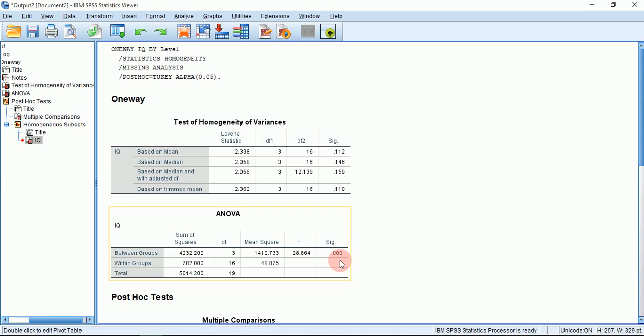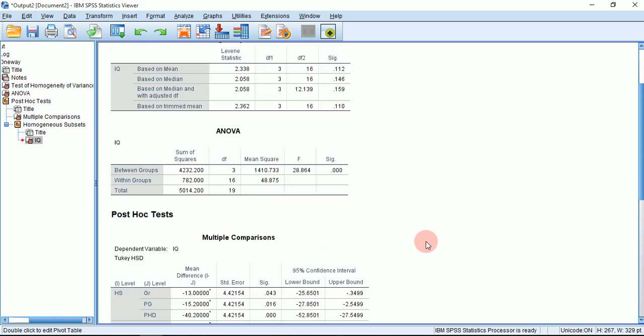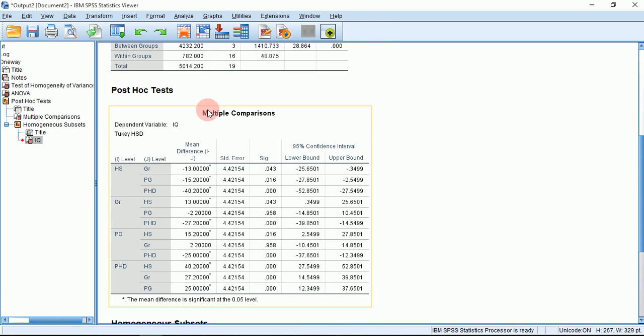This can be the conclusion of this test result, but we can scrutinize more just by looking at the post hoc tests. Here in this multiple comparison table, you will find the mean differences of the four groups in a paired way. Just like here what we see, the mean difference is presented in this column and the groups are here.